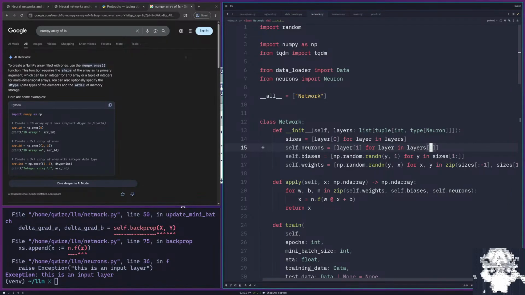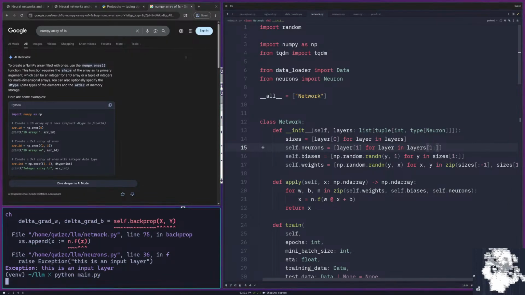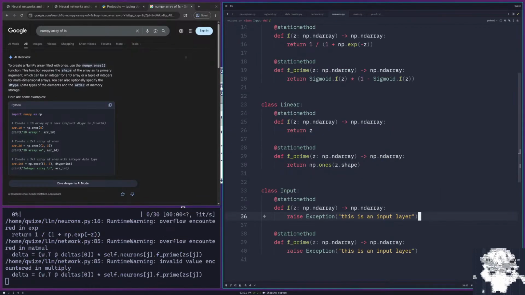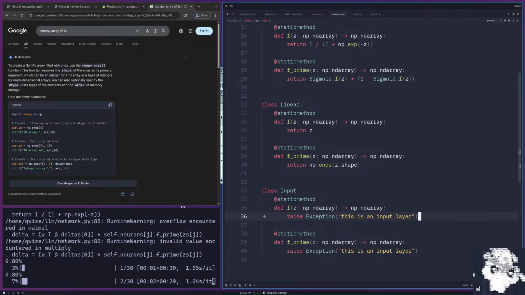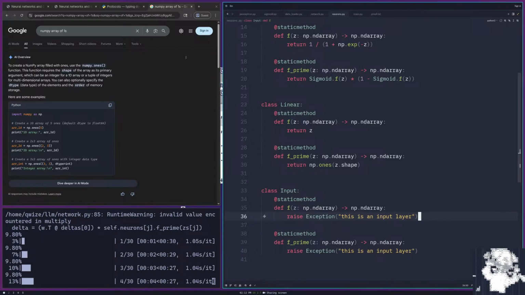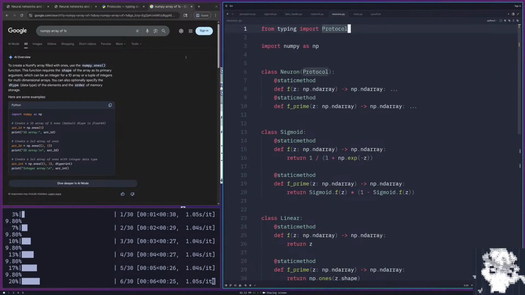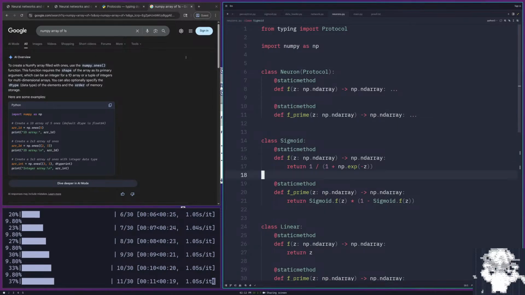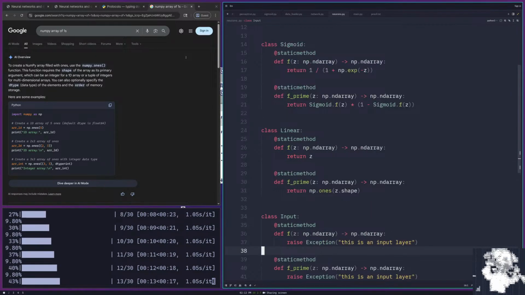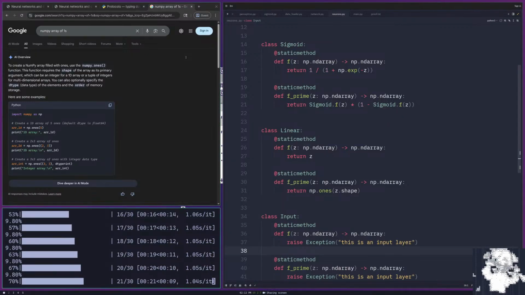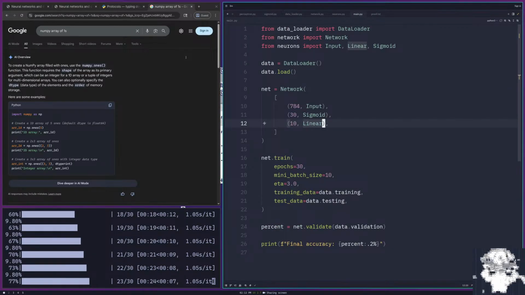Yeah. So it's at least not raising exceptions, but it's giving the wrong answers for some reason. What if we used only sigmoid?